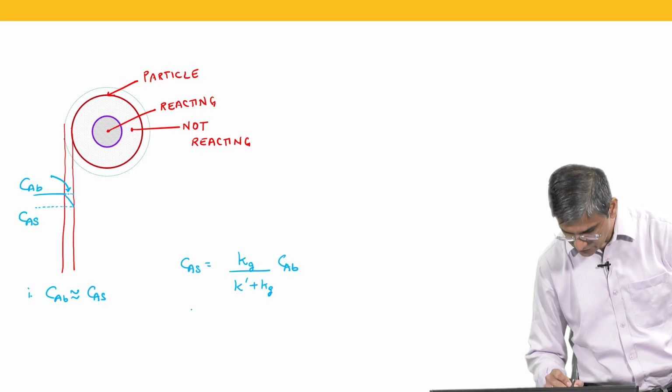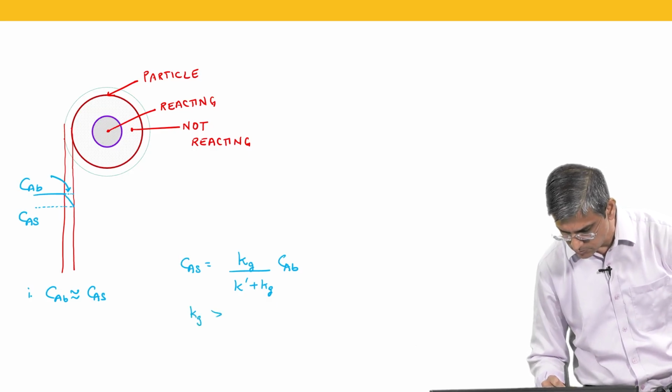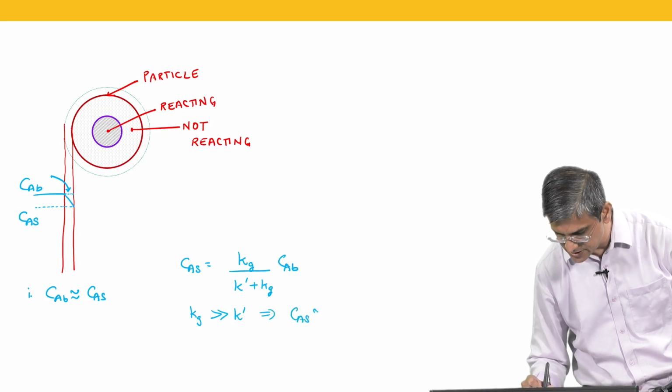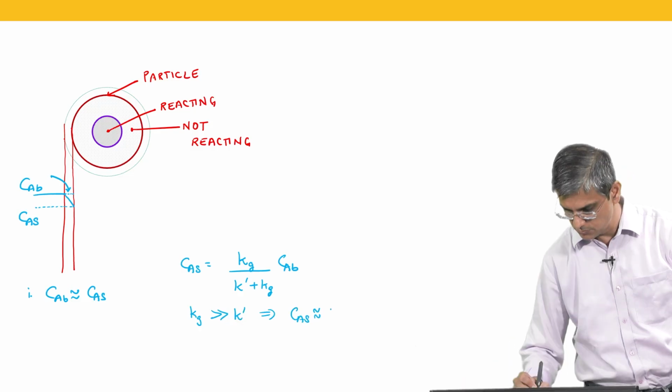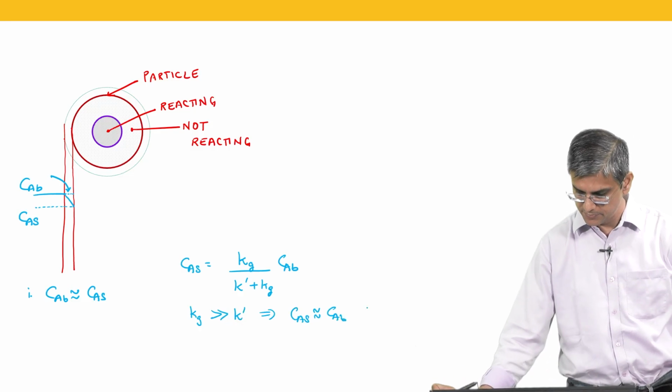If kg is much greater than k', then you will get CAS approximately equal to kg divided by kg multiplied by CAB, so approximately equal to CAB. Okay.